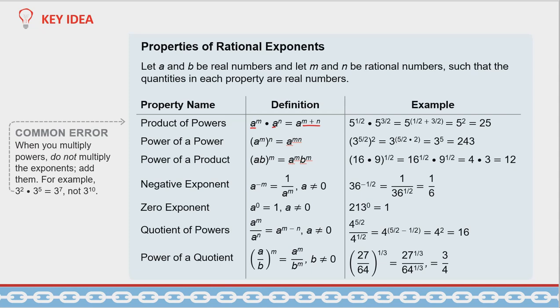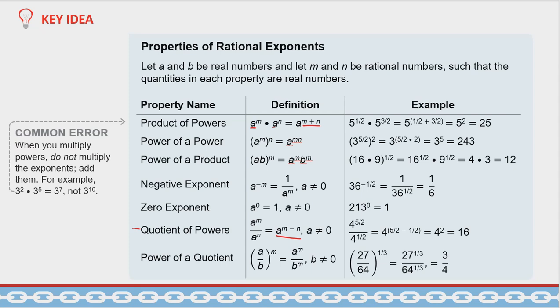And then quotient of powers, a to the m divided by a to the n is equal to a to the m minus n. We subtract those exponents. And then power of a quotient, a divided by b, then to the m, is the same as a to the m divided by b to the m.